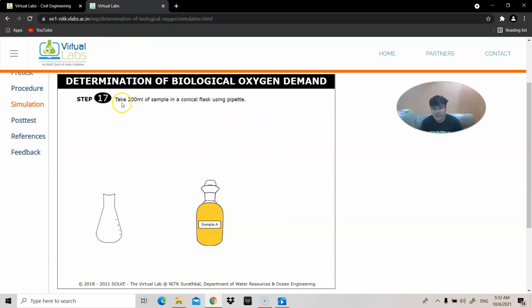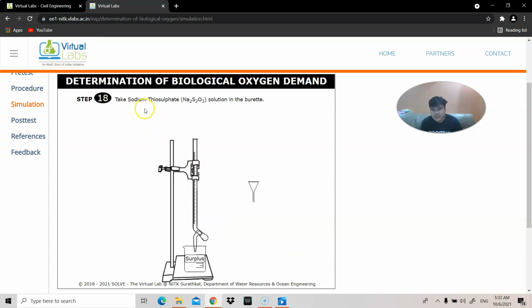Next, step 17. Take 200 ml of sample in a conical flask using a pipette. Step 18. Take sodium thiosulfate, Na2S2O3 solution in the burette.